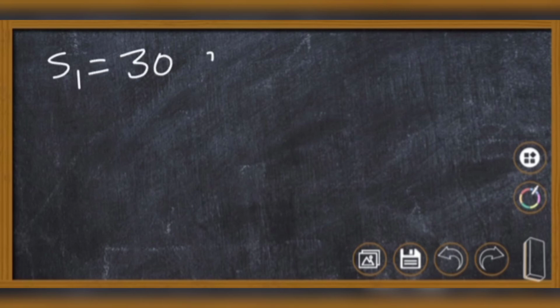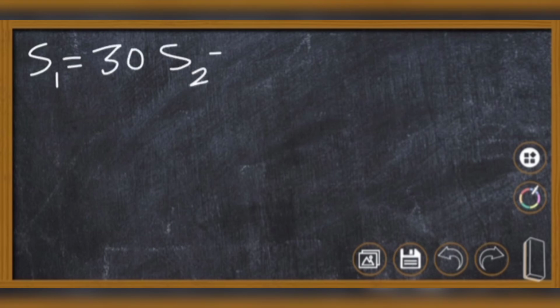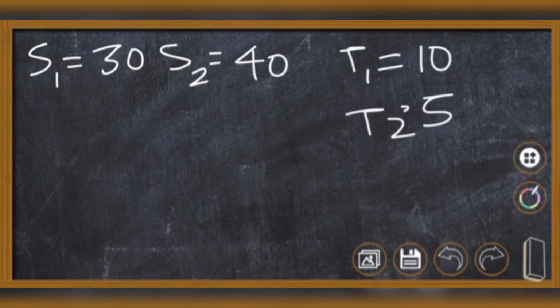S1 is given, that is 30 km per hour, and S2 is equal to 40 km per hour, and T1 is 10 and T2 is 5 minutes.